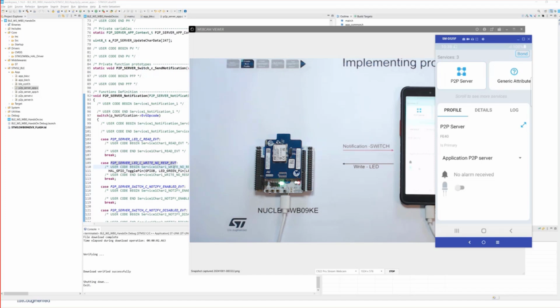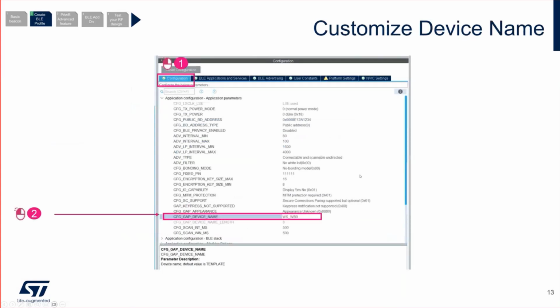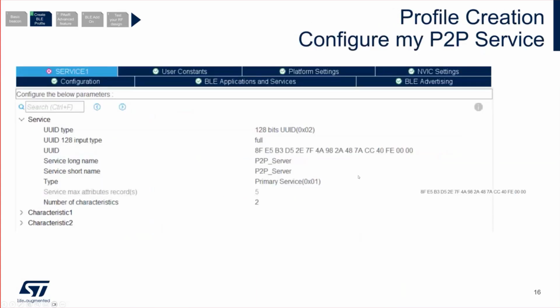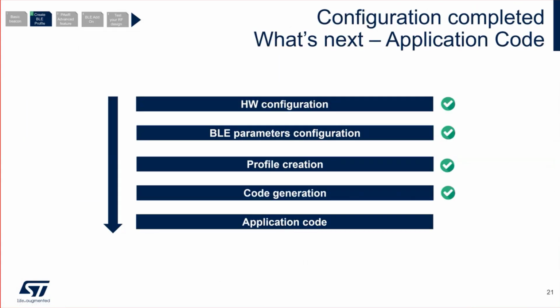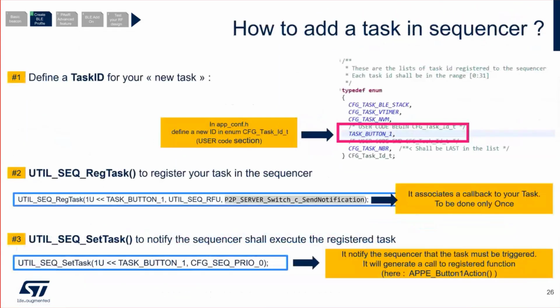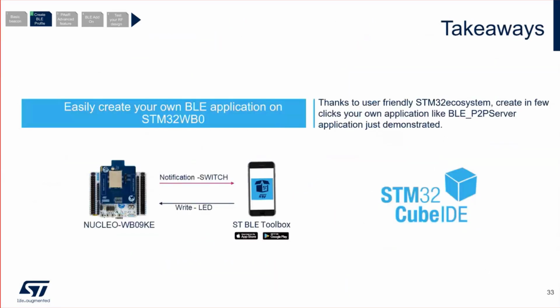So let's switch back to the slide. I said you have the step-by-step here to rebuild this at home. You will receive this step-by-step document to rebuild everything, including the code for the button as well. As you can see here, the WB0 is fully integrated into the STM32CubeIDE environment. That makes it quite easy to build your own application starting from scratch.